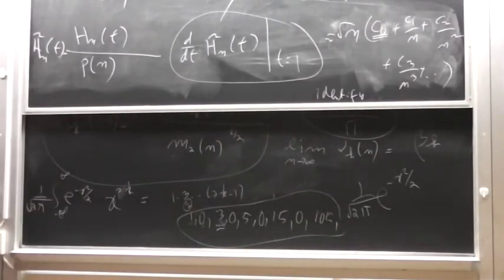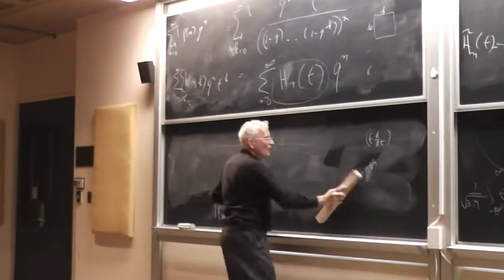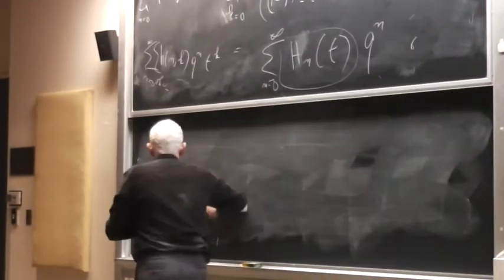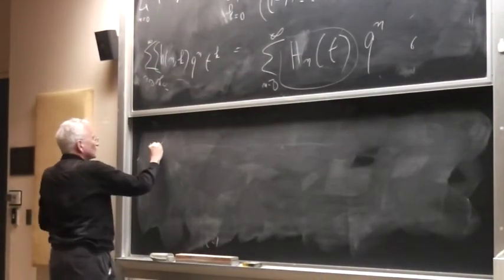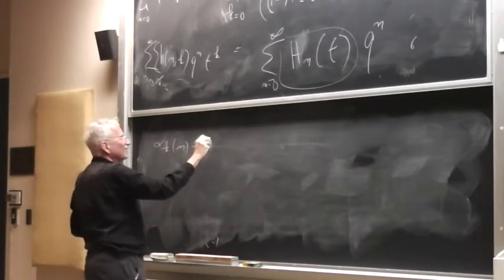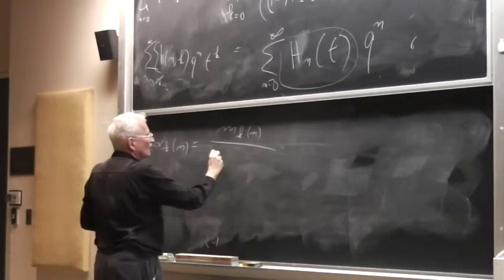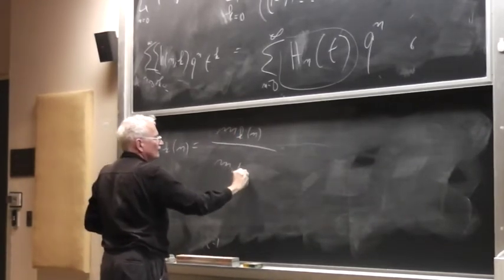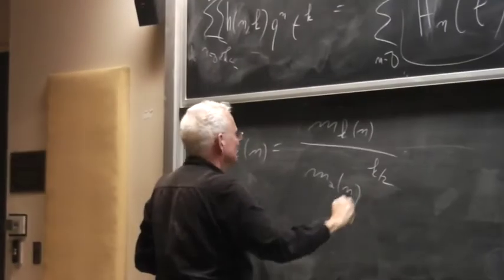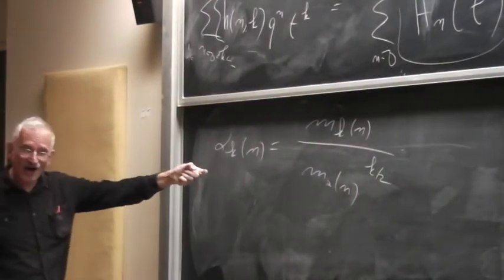So doing the same thing as here, finding the standardized moments, the so-called alpha coefficients. Empirically, for the first 10,000 cases, f(k) over n to the power k over 2 tends to a constant.